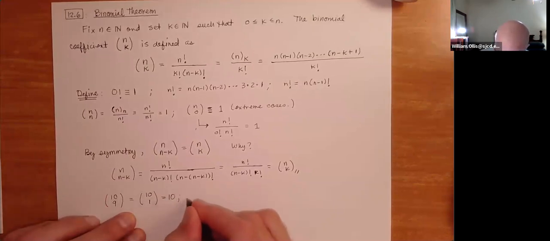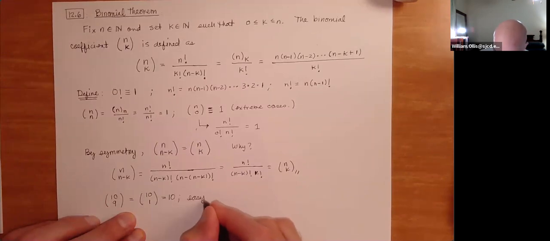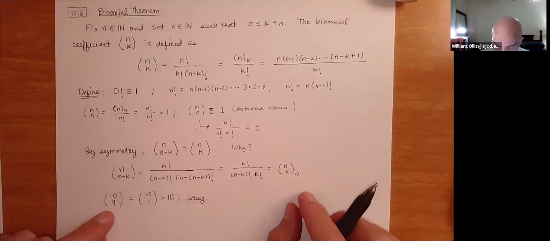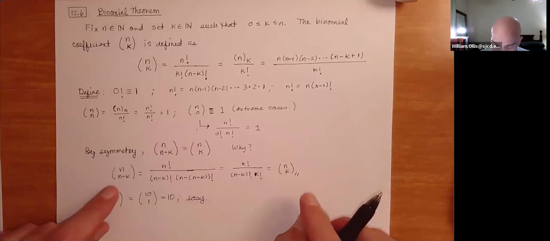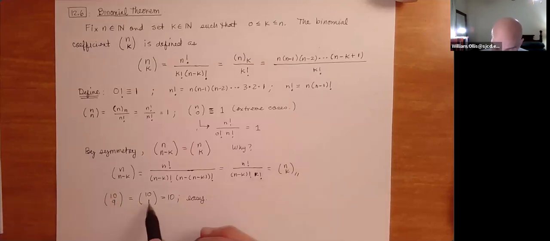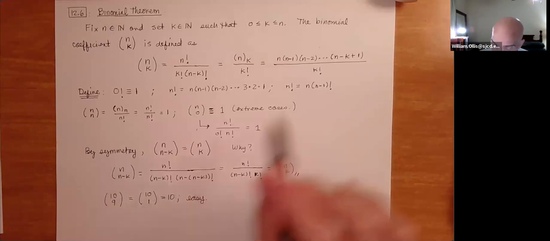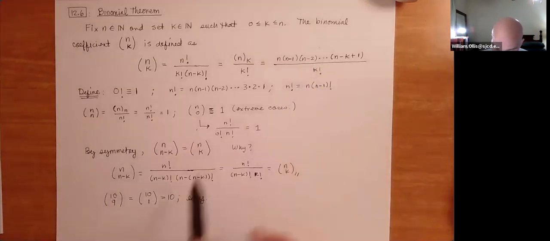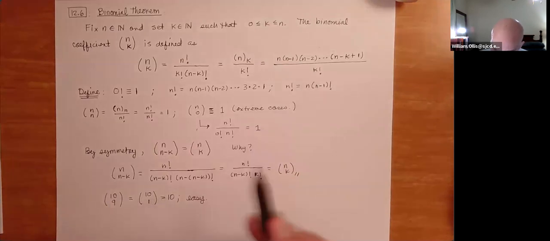So this is easy. So we will often use this identity here because it simplifies. For instance, the smaller the second number, the easier the computation, just fewer factors. So this is a very big help.